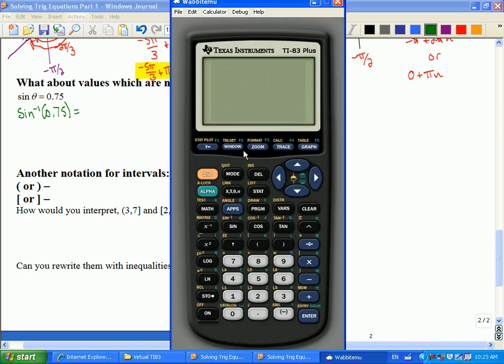So remember to check that you're in the right mode for this. Yeah, and I'm in radians. And I'm going to go inverse sine of 0.75. So that's going to be the angle I was looking for. We'll call it 0.848.